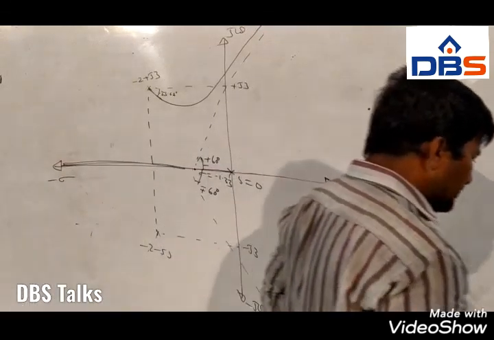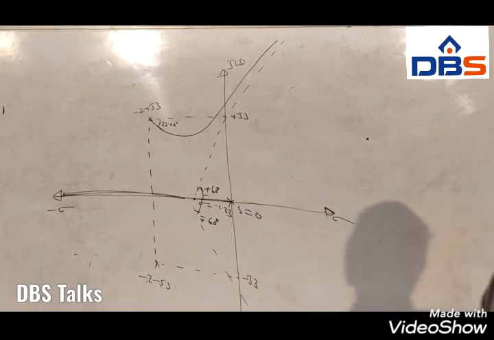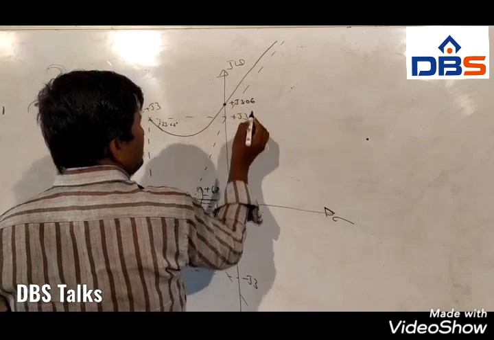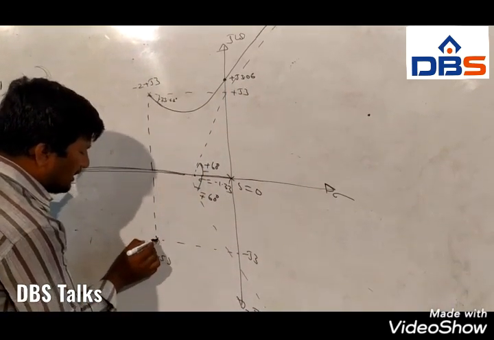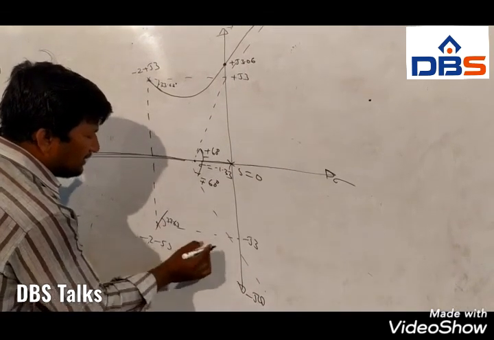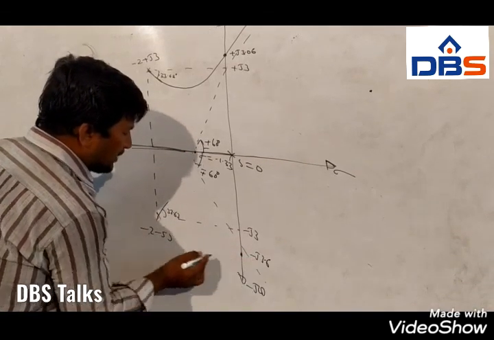So the intersection point on the imaginary axis is plus j3.06. In a similar manner, put the protractor on this one and take the angle plus 33.63, and here this is the minus j3.06 intersection point.